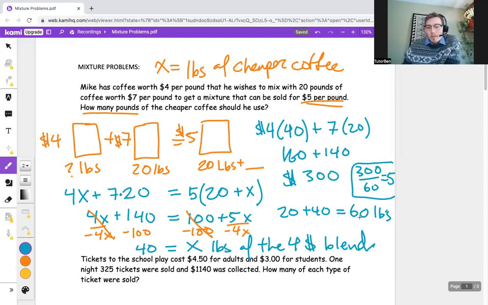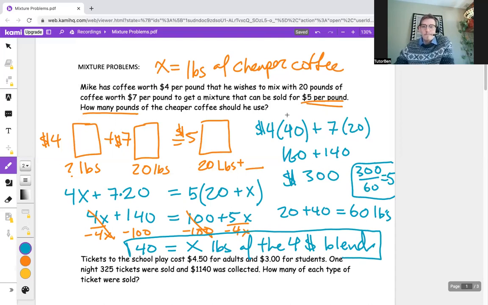That confirms for us that we have our correct answer, which is that we have to use 40 pounds of the $4 blend to make a mixture that we can sell for $5 per pound.